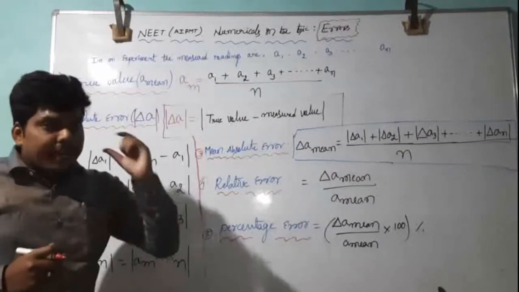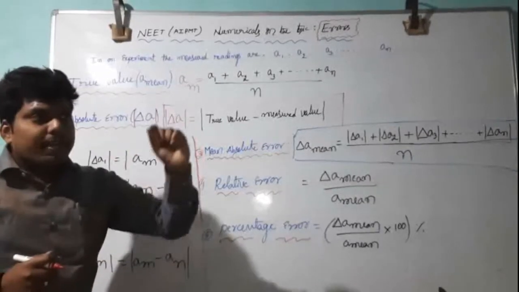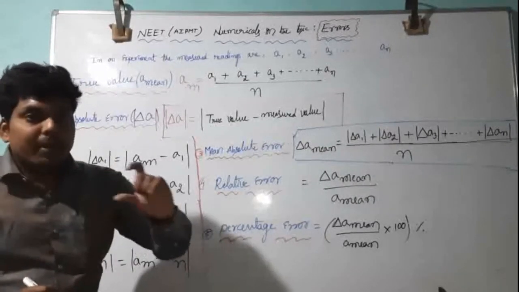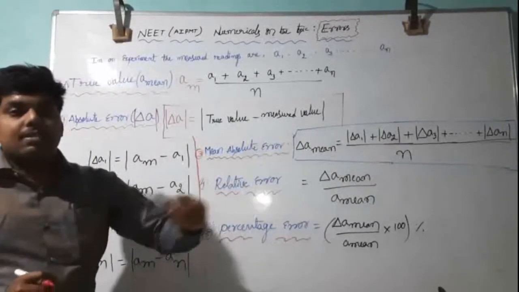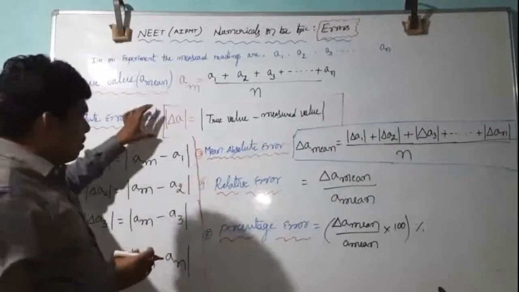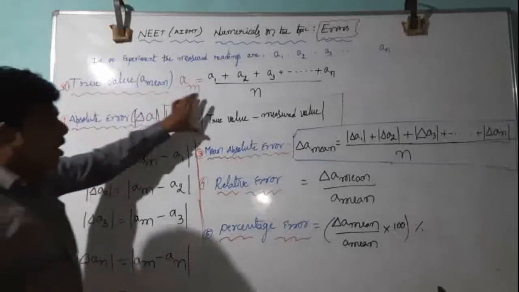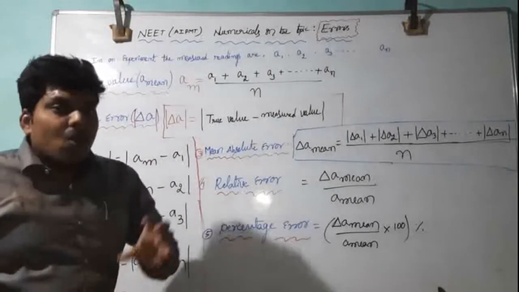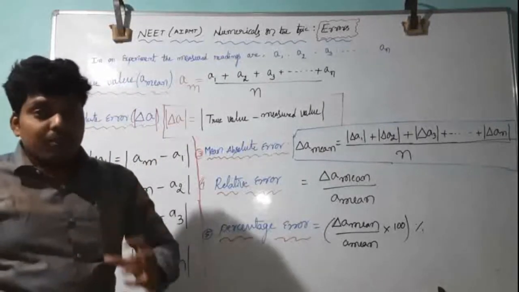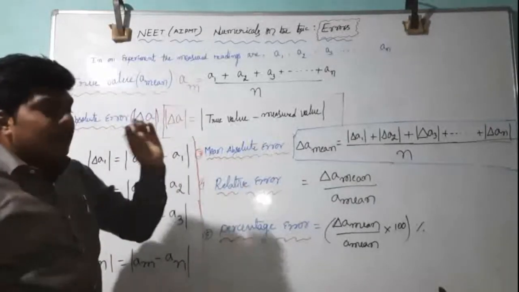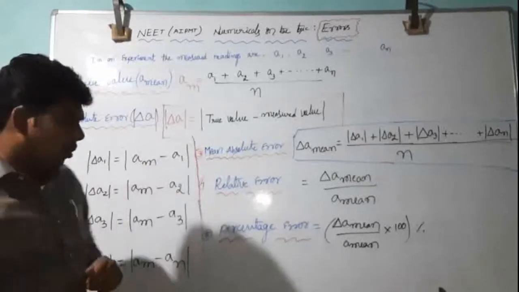If a negative value like minus 0.03 is there, our answer must be 0.03. You should remember one point here: while finding the absolute error, we should not consider the sign. We should take the magnitude only. Absolute error is always positive only.